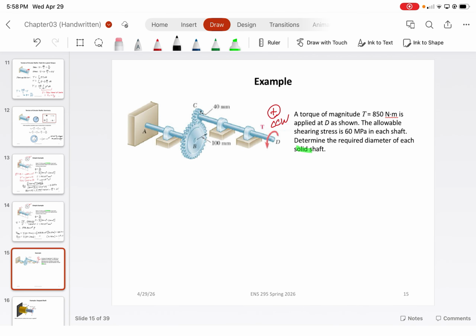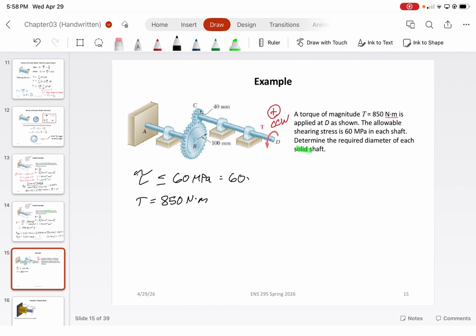To solve this, what we need to know is obviously the max shearing stress. In this case, we know that the maximum shearing stress tau has to be less than or equal to 60 megapascals. The applied torque T is 850 Newton meters.